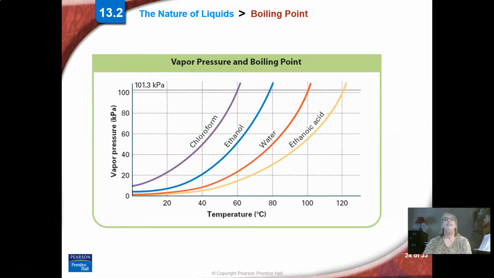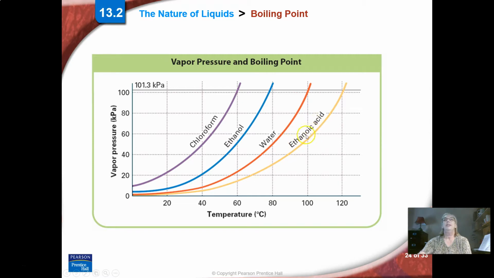Here are vapor pressures for different things at various temperatures. So for example, let's look here. At 60, this molecule has a lower vapor pressure than water. So that means that these molecules like to hold on to each other.